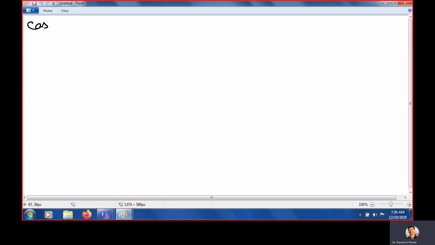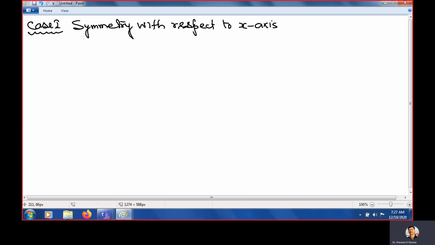Okay, so we are going to study case 1. Case 1 means symmetry with respect to the x-axis. This is the first type of symmetry. So here we should learn how we are going to do it. Clear? First of all, I will define this. What is symmetry with respect to the x-axis?